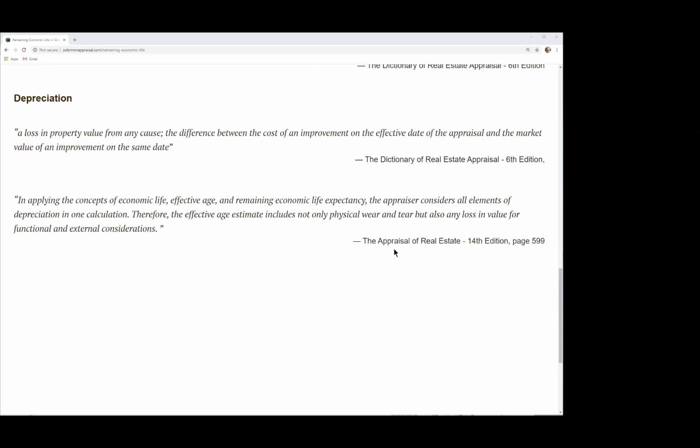Whenever we apply the concepts of economic life, effective age, and remaining life, the appraiser considers all elements of depreciation in one calculation. So it's physical, it's functional, it's external, and that's all put into the calculation of depreciation. So the effective age number includes physical, functional, and external, okay?